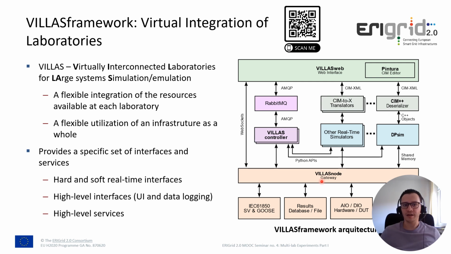Faster dynamics are achieved through VILLAS FPGA. Moreover, a soft real-time layer is built using the VILLAS controller interface, which allows to forward simulation data to the VILLAS web platform. VILLAS Web allows online interaction and visualization of the multi-laboratory experiment.